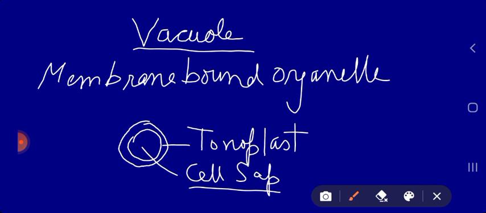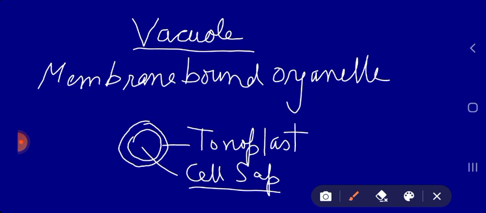As I have said, it is a membrane bound organelle, present in different types of cells including plant cells, fungi, some protists, some animal cells, and bacteria. Immature plant cells contain several small vacuoles, very small in amount but large in number.